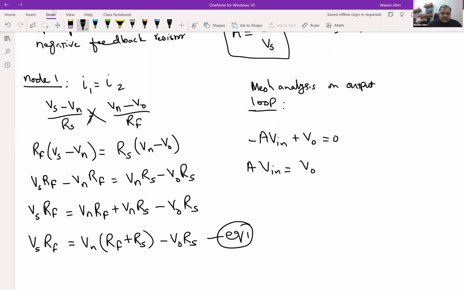Next, I want to write this in terms of the input voltage. We can say that V in is equal to V out over A. I divided both hand sides by A to get to this equation.